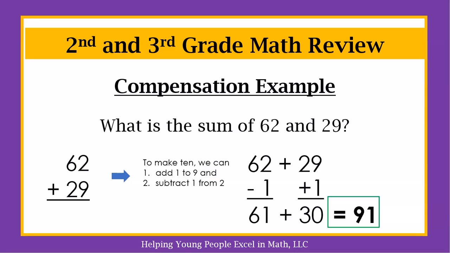Since I added 1 to 9, which is in the ones place, I am going to subtract 1 from the 2. 62 minus 1 is equal to 61, and 29 plus 1 is equal to 30. When I add 61 plus 30 together, that is equal to 91. And this is how you use compensation when adding two-digit numbers.